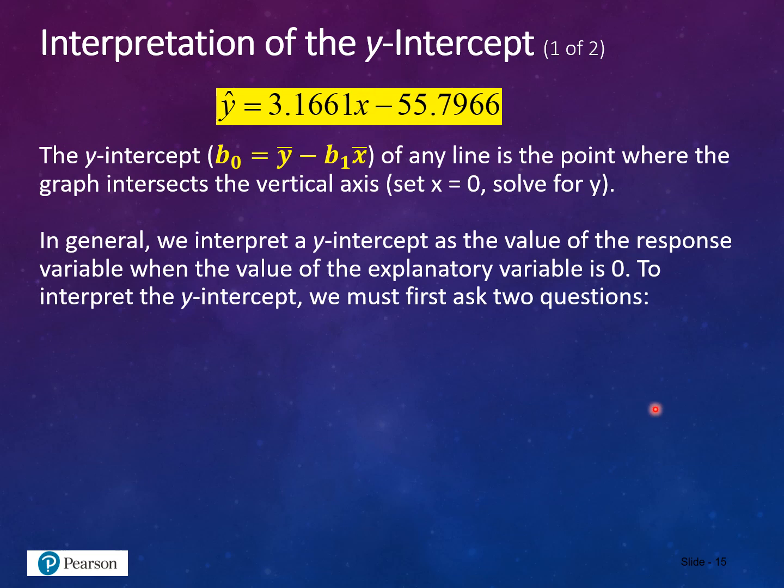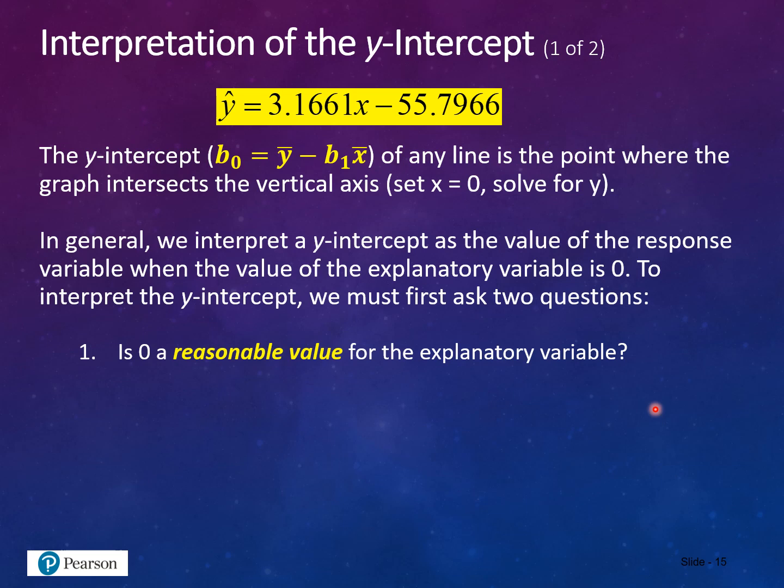In general, we interpret a y-intercept as the value of the response variable when the value of the explanatory variable is 0. Because of this, we first have to ask two questions. Is 0 a reasonable value for the explanatory variable?